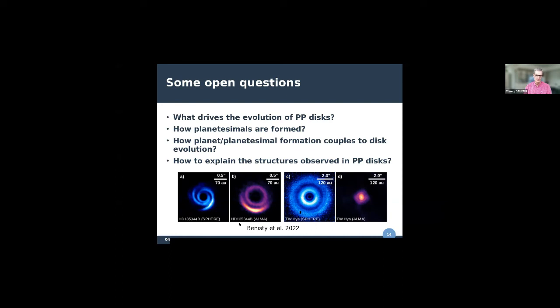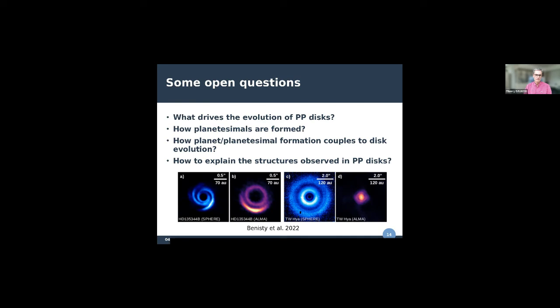And indeed, structures like this one can be interpreted as one large-scale anticyclone that tends to concentrate the solids at the center, the millimeter-sized solids, which have a Stokes number of order one.